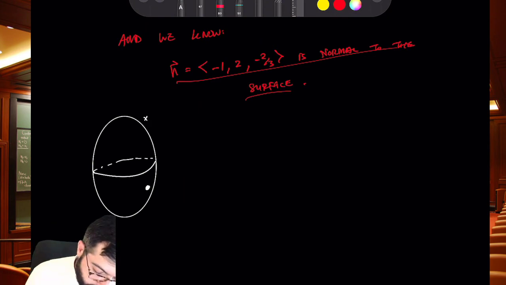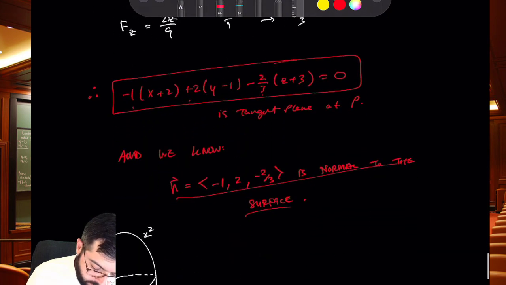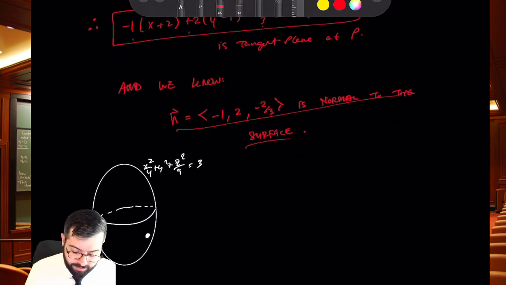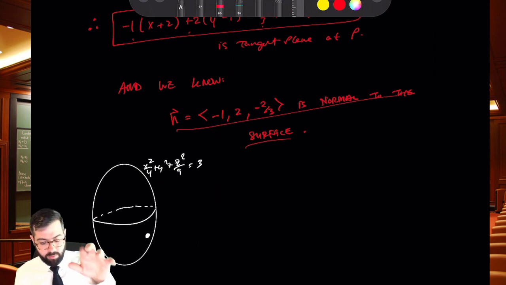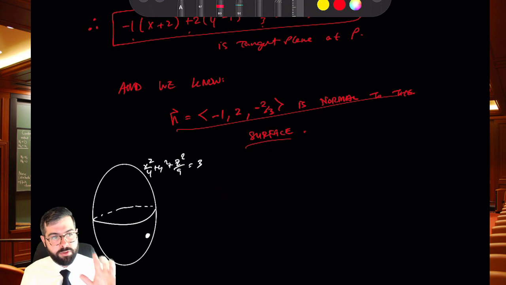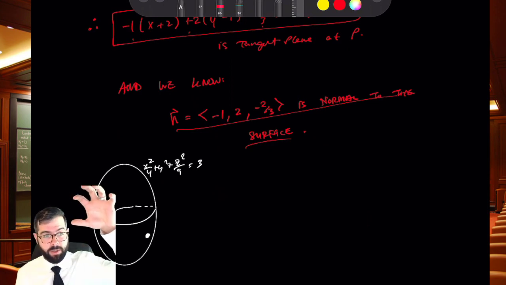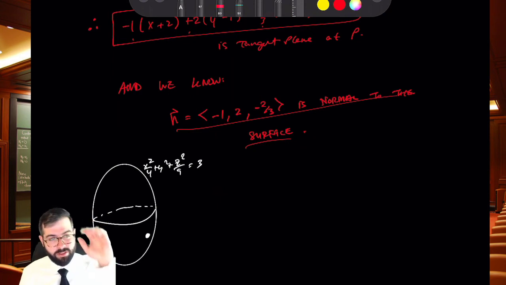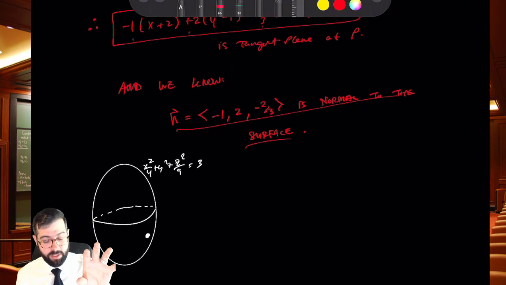So this is our quadric surface, x squared over, what was it? So that was this structure. But what we did was we said, well, let's pretend like this is a level surface for a function that's in a higher dimension. What we can do with that is use the gradient, which lives in 3D.